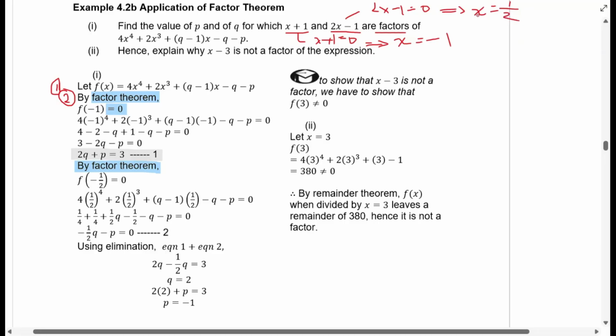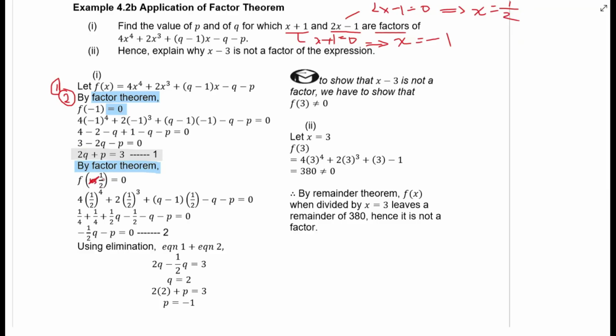So note that there is an error here. This is not -half, so please cancel this out. It's just x equals half. So you sub x equals half in your f(x). So here will become f(1/2) equals 0. Expand everything, and you will come to your second equation.